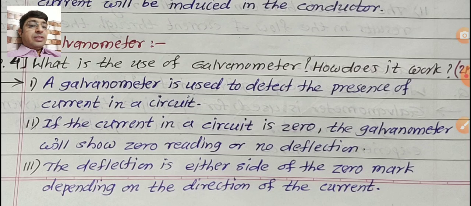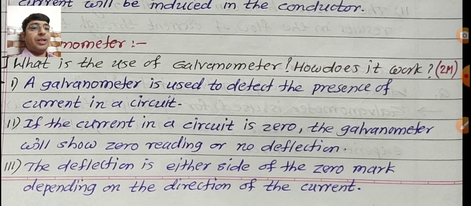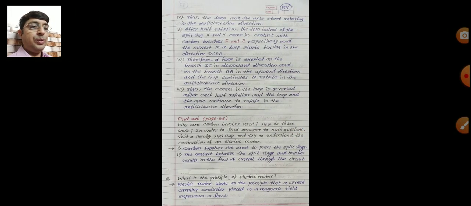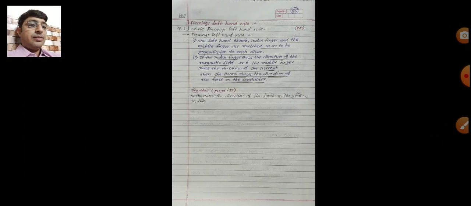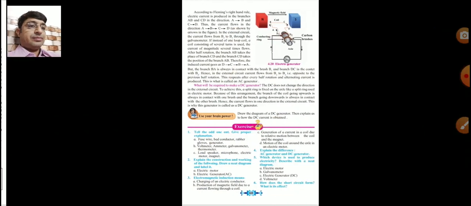One more point, the deflection is on either side of the 0 mark, depending on the direction of the current. That point is already given in that paragraph. So in this way, if you write these 3 points, you get 2 marks. Any doubt? If you have any doubt, ask your doubts on my personal number. Okay, next one.